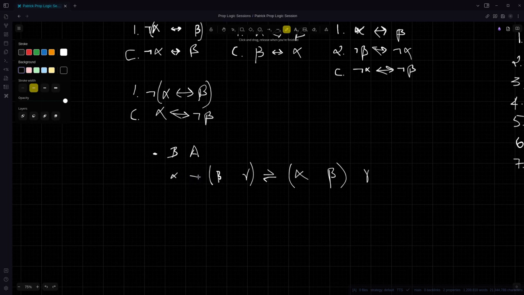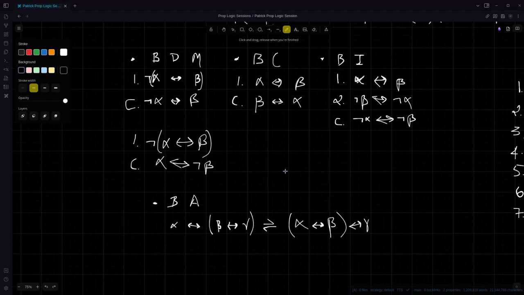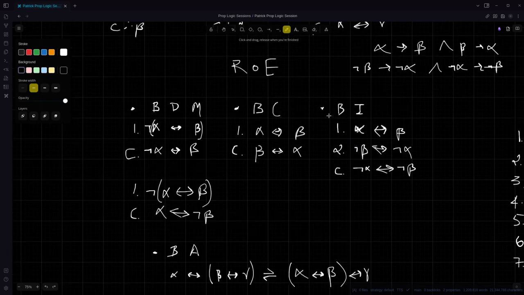So here you can simply put a biconditional and that will be valid. So this is biconditional association. Now I forgot to mention that you can also perform a contrapositive.